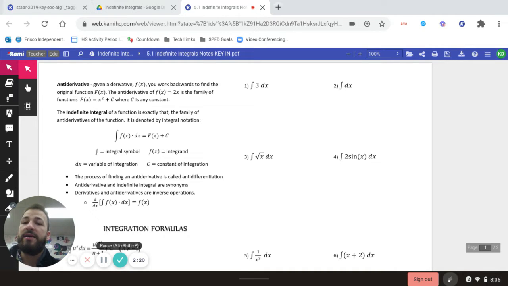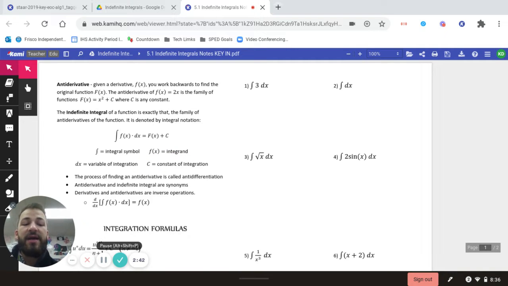Remember, with implicit differentiation, we can derive x's and y's and t's and all sorts of different variables. So eventually we are going to integrate by things that aren't x. It is important to understand that this variable of integration tells us what variable we're integrating by. And then last but not least, this c is that constant of integration, that plus c.